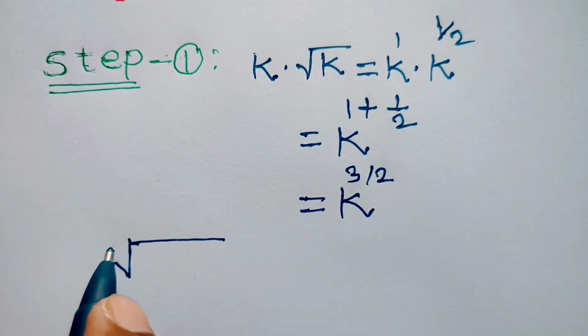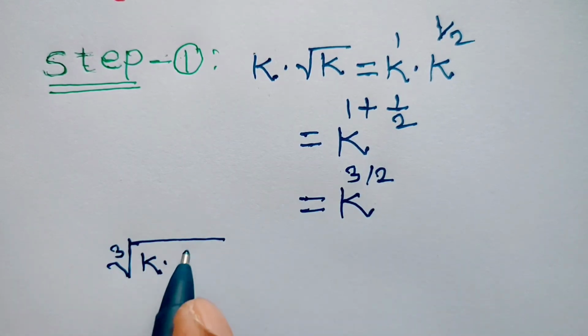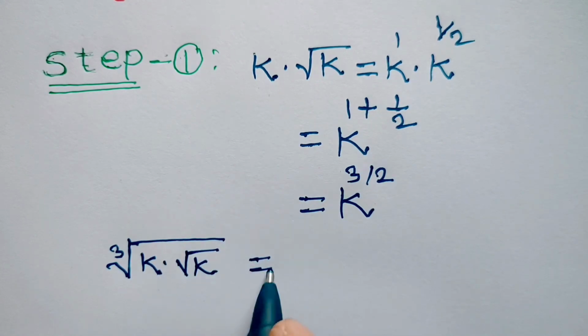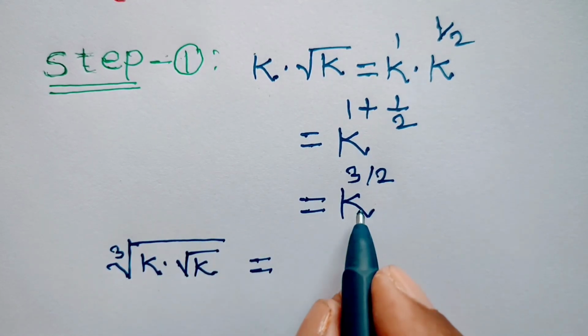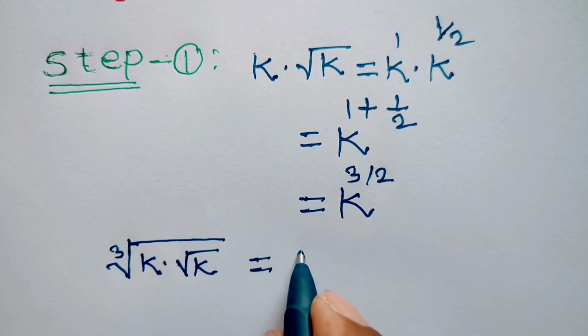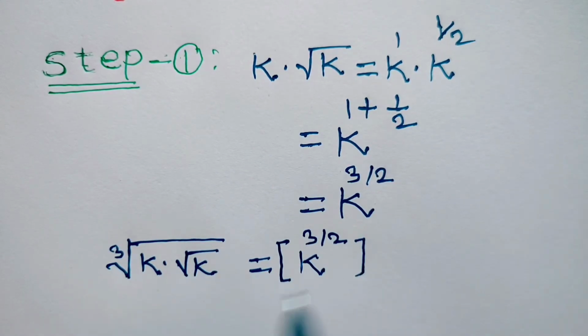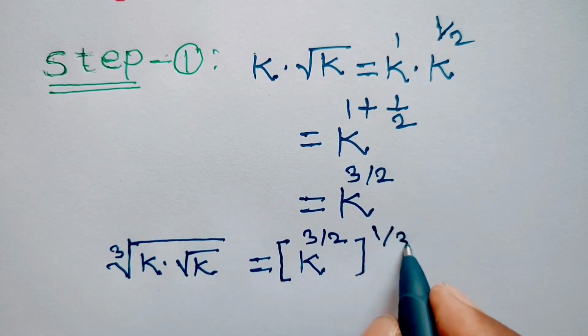Now cube root of k into square root of k is equal to, k into square root of k can be written as k to the power 3 upon 2, bracket close, cube root means 1 upon 3.